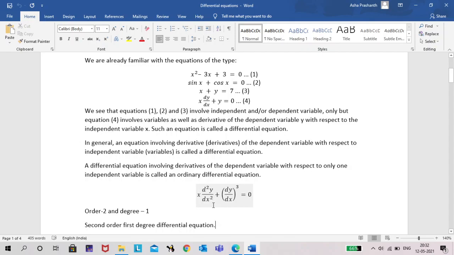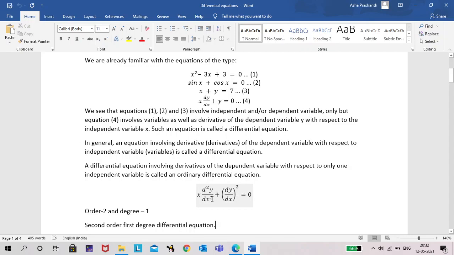In this equation we consider the highest order present. This is first order and this is second order, so the second order is the highest. So the order of the differential equation is second order.